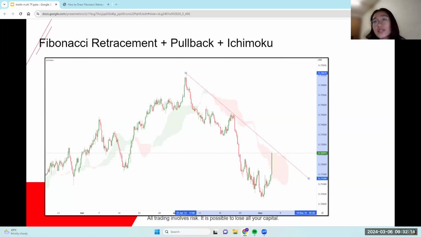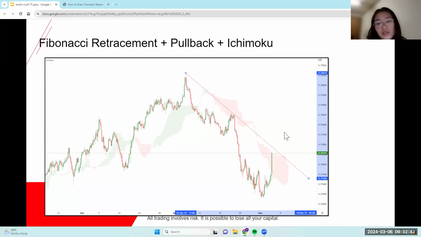Next, let's look at this example, which is another Fibonacci retracement plus pullback, but this time we are also adding in an Ichimoku cloud. Here we have a descending trend line, but it's not exactly a valid trend line because we need at least 3 touches on the trend line to be considered valid.